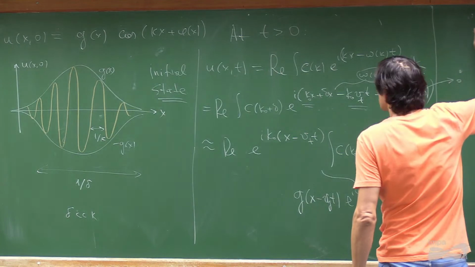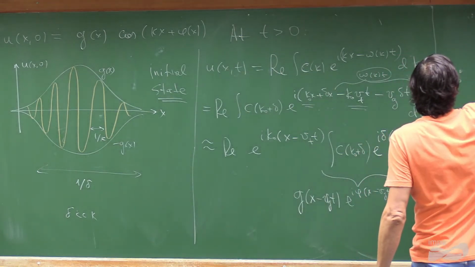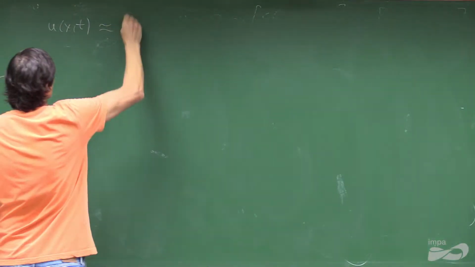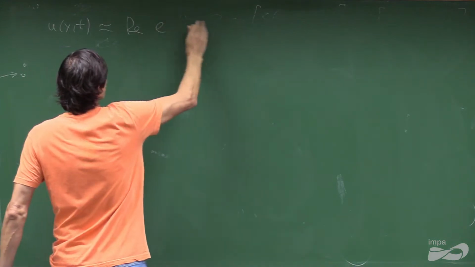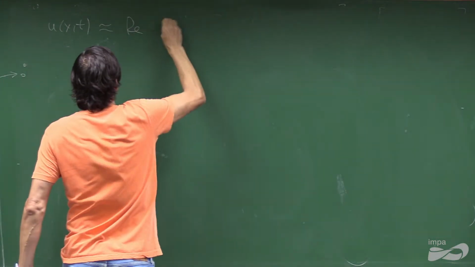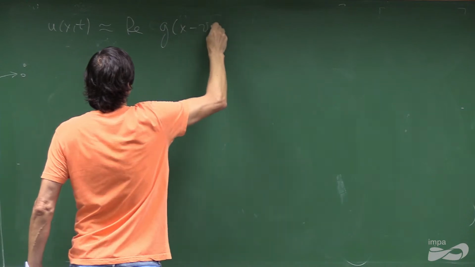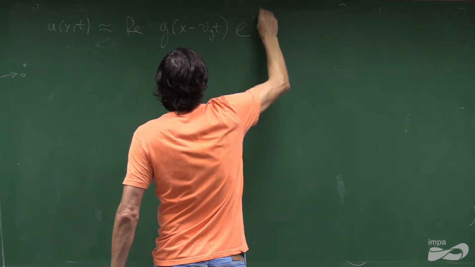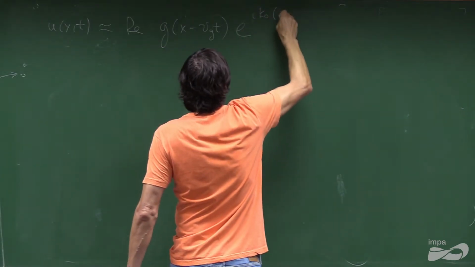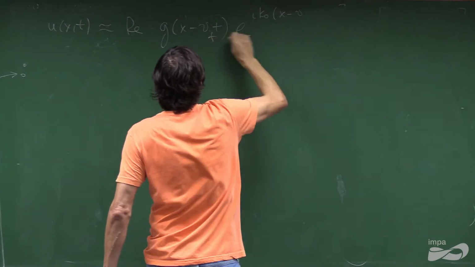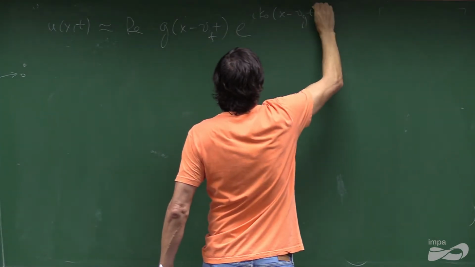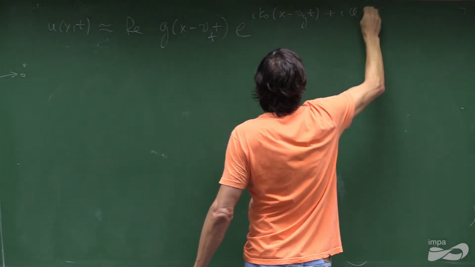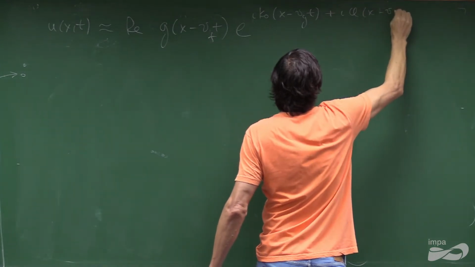So in other words, u of x, t is approximately the real part of g of x minus vg t, times exponent i k0 x minus vf t, plus i phi of x minus vg t.